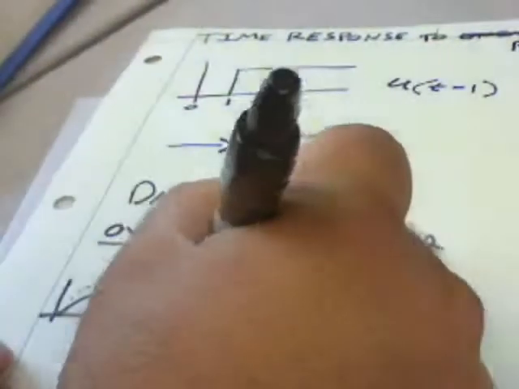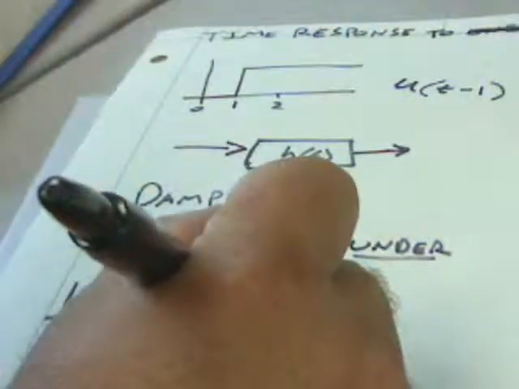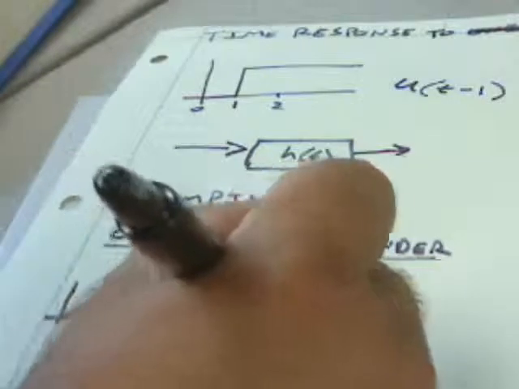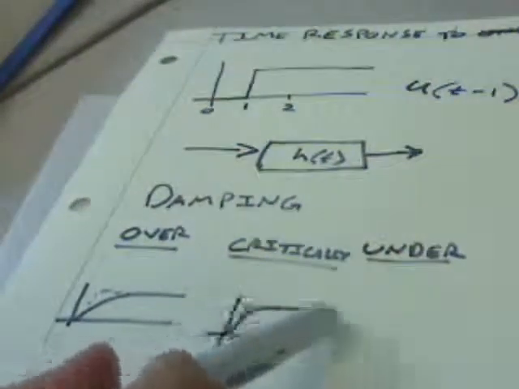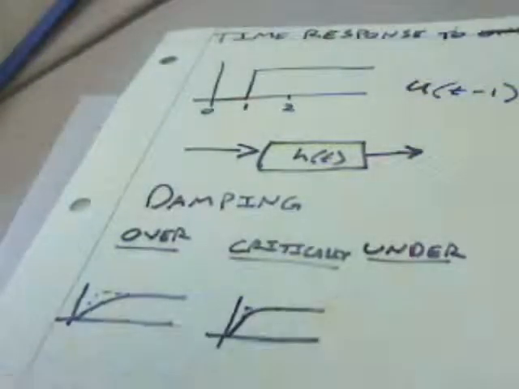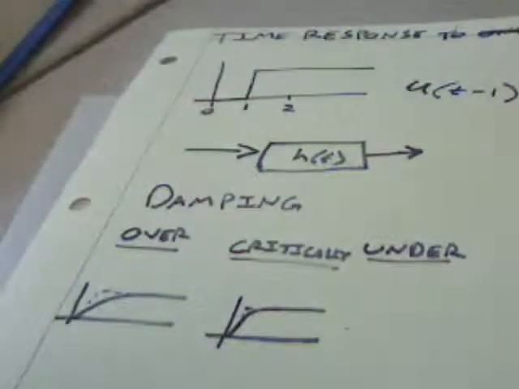Critically damped is going to do the same thing, except it's going to rise as fast as it possibly can, and then it's going to hit its mark and stay there at the value, which for a unit step again will be 1.